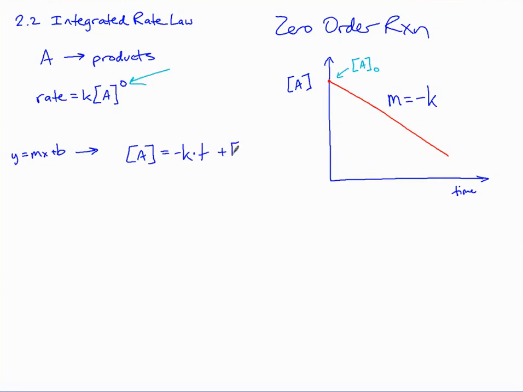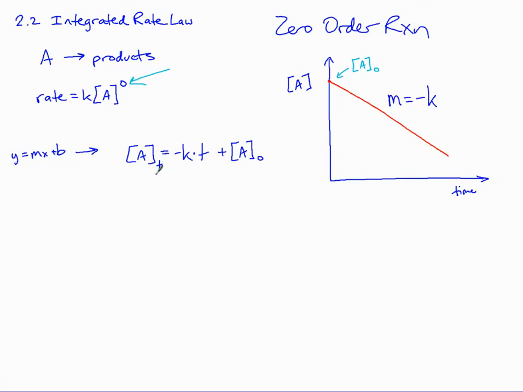So plus the initial concentration of A. This is how we come up with this formula. It's just a straight line. A lot of times this y is called A sub t, just the concentration of A at whatever time we're talking about.